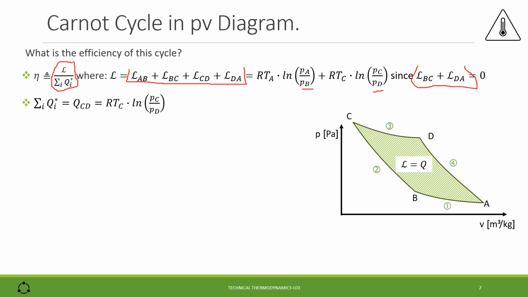The sum of the positive heat is given only by the heat along the isothermal transformation CD and has the same expression as for the work.